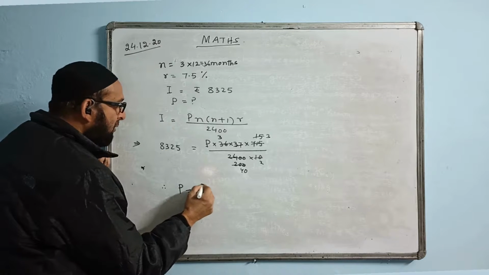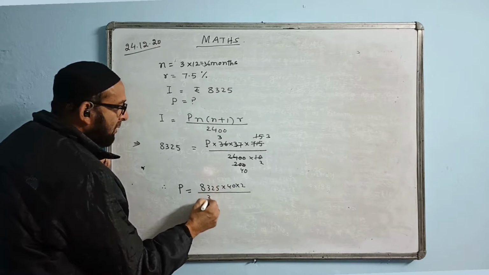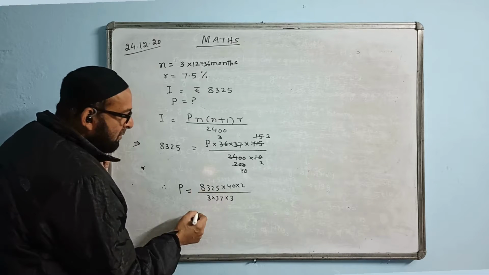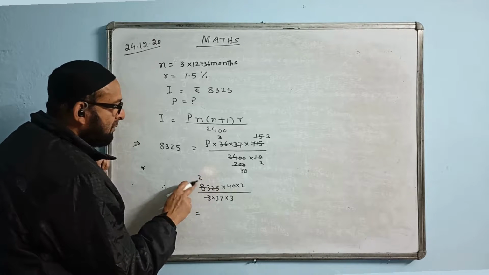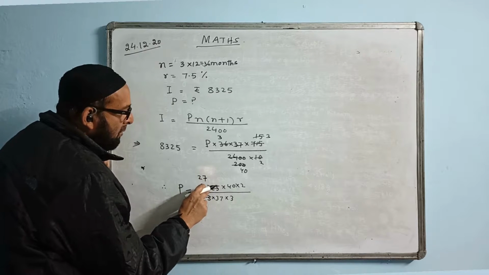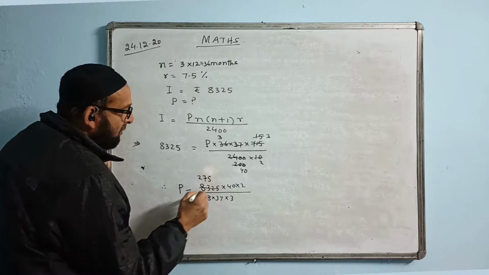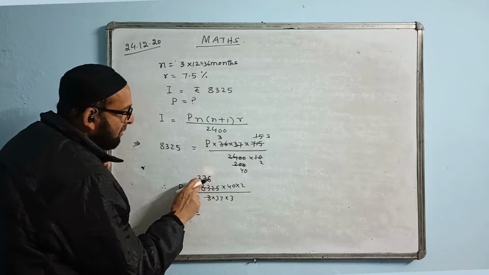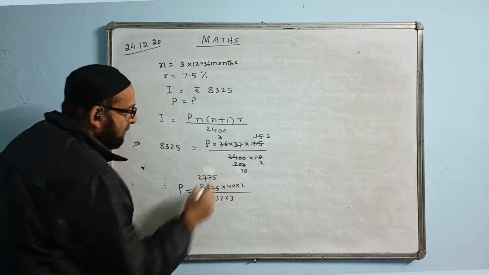Cross multiplication you are doing: 8325 into 40 into 2 divided by 3 into 37 into 3. Just do the calculation and you will get the answer. 3 and this will cancel now. 3 2s are 6, 3 7s are 21, 3 5s are 15.